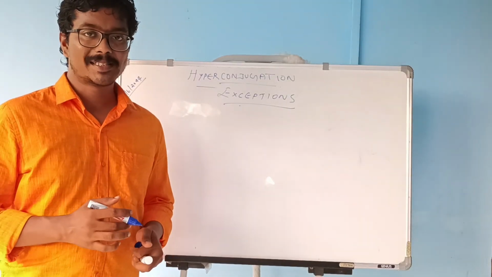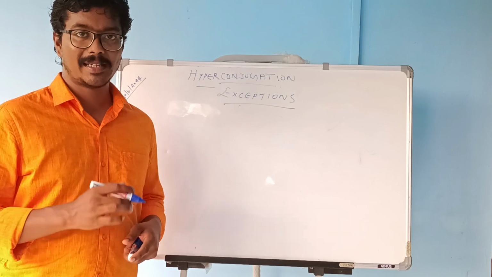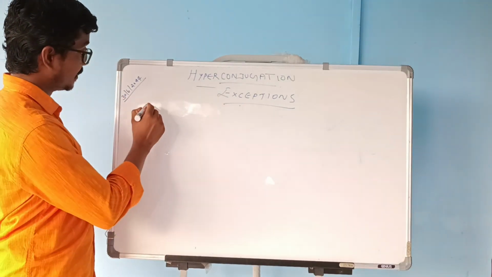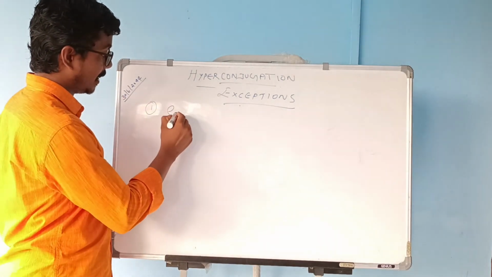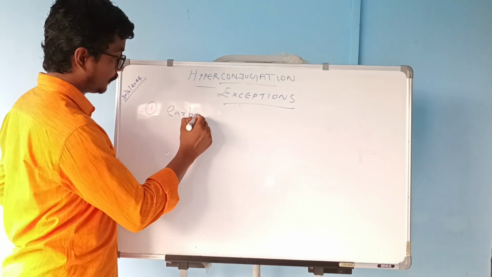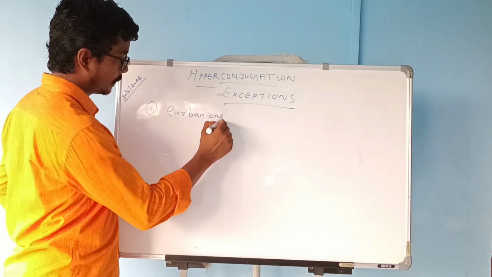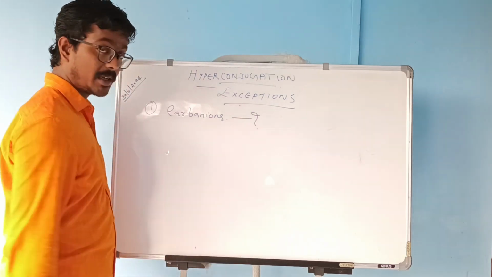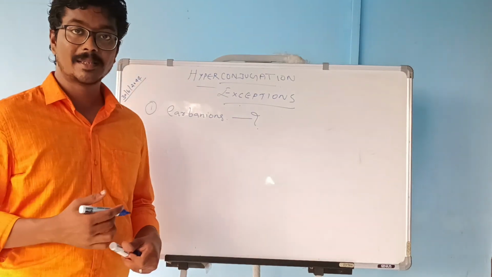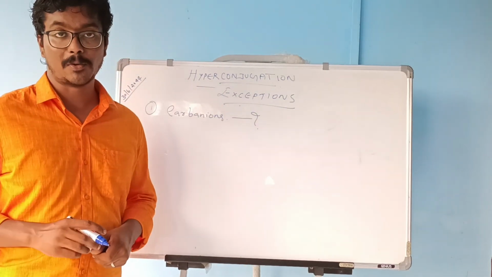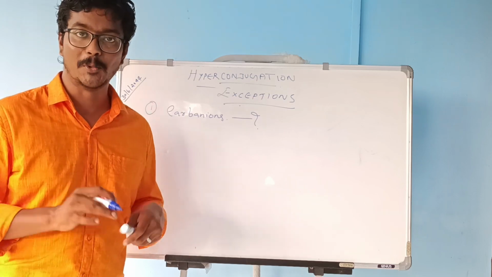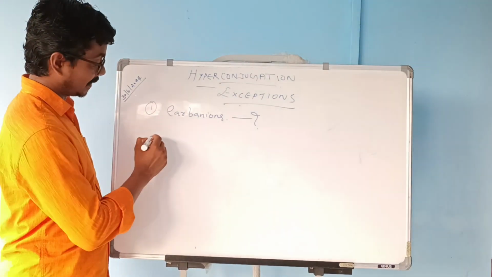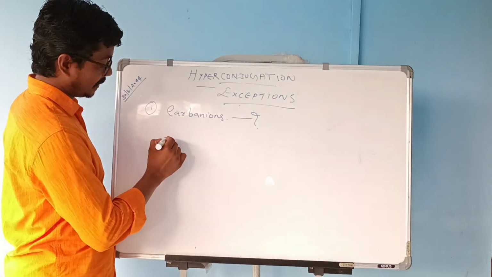So we are going to discuss the exception part of hyperconjugation. The first one is carbanion. Whether carbanions exhibit hyperconjugation or not? The answer is no. The reason, let's consider this example.